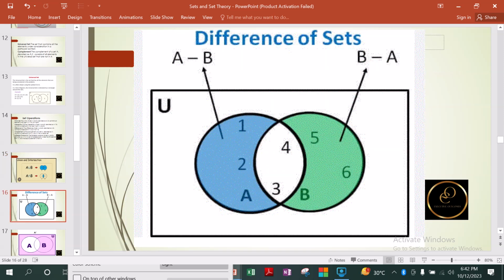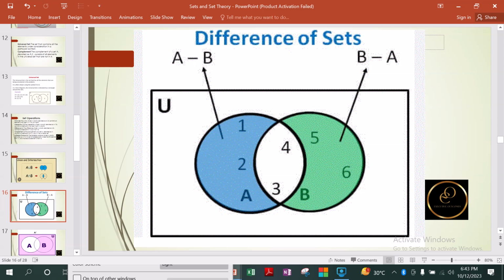Just to belabor that, this Venn diagram demonstrates that if you are talking about A minus B, you are talking about all elements in A which are not in B, which is 1, 2.